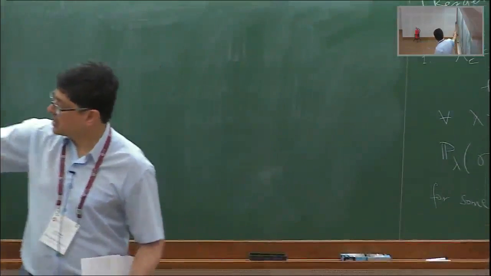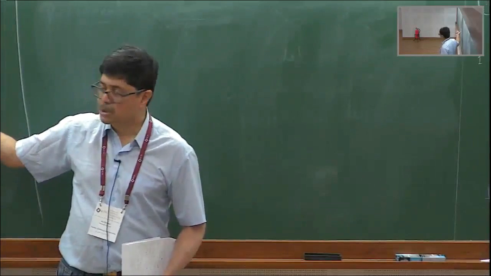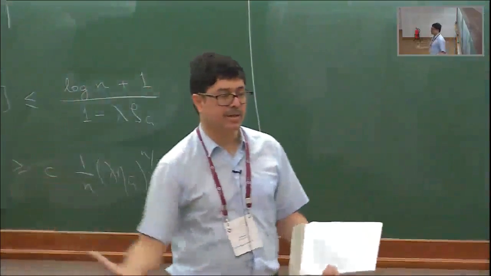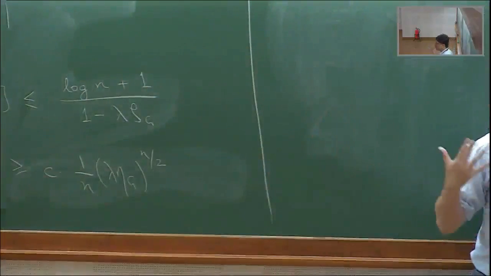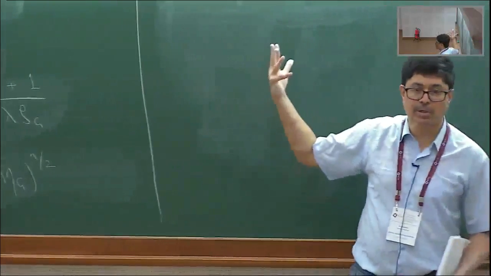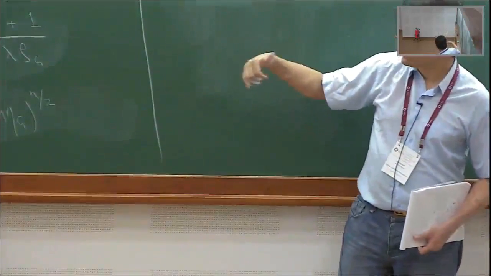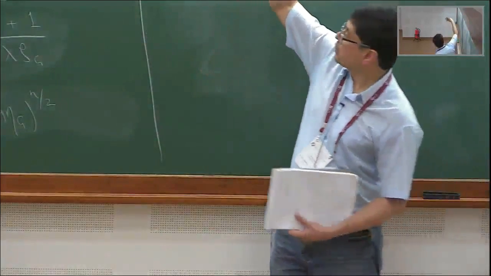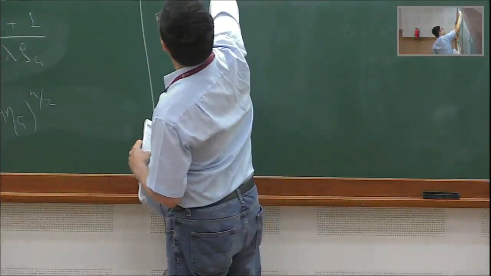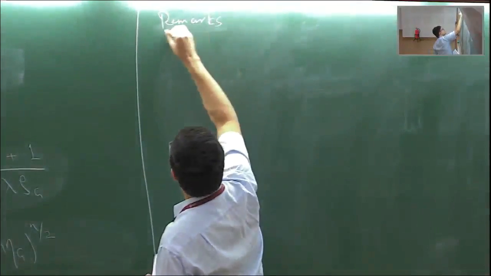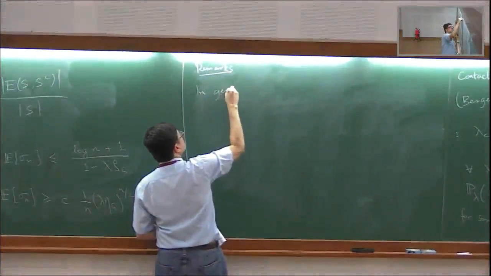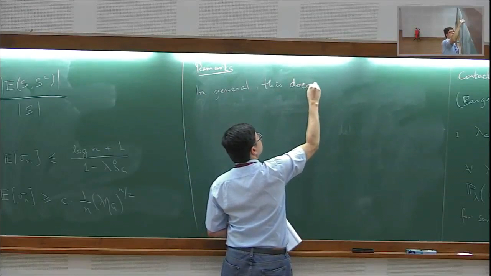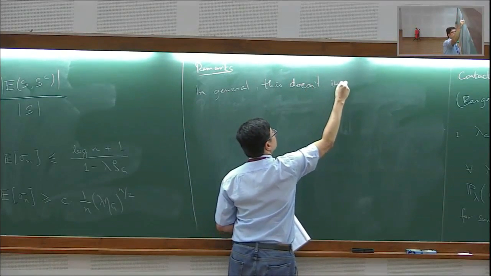So you have different conditions for short and long-lived epidemics. The assumption is that the infection rate lambda is either smaller than 1 over the spectral radius or bigger than 1 over the isoperimetric constant. In general, this doesn't imply a threshold.